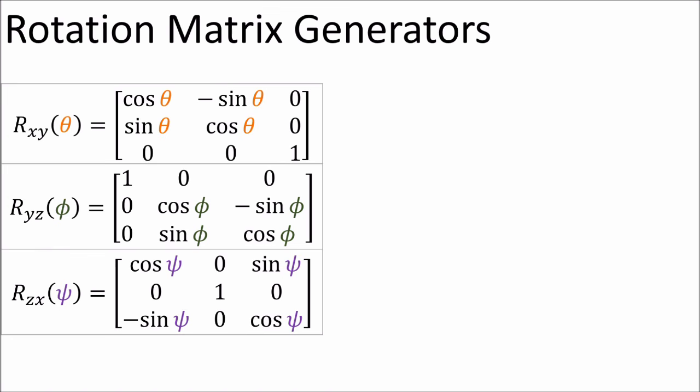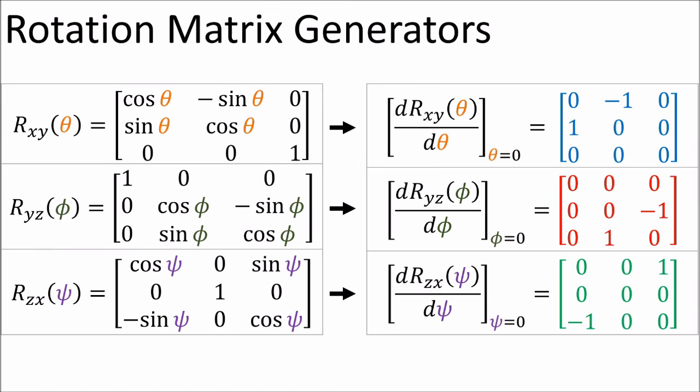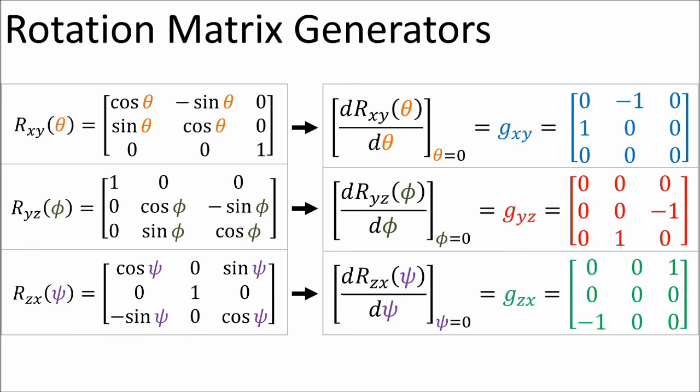You can pause the video and show that these rotation matrices in the YZ and ZX planes give these generator matrices. From now on, I'm going to denote the generator matrices as GXY, GYZ, and GZX, which generate the rotations in the XY, YZ, and ZX planes respectively.